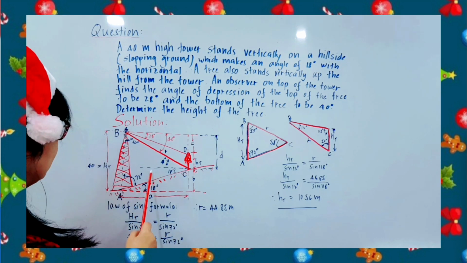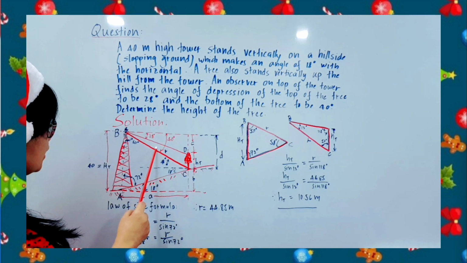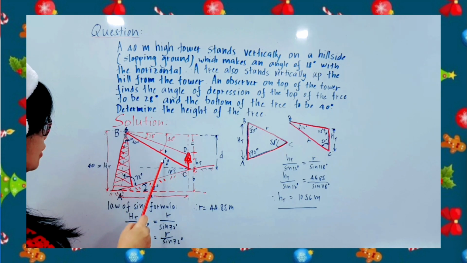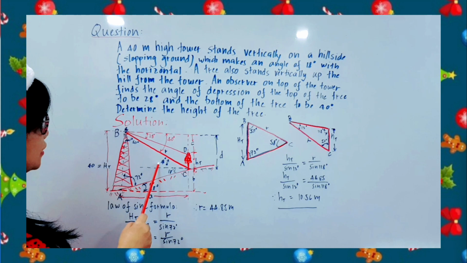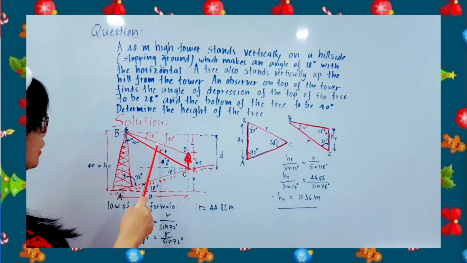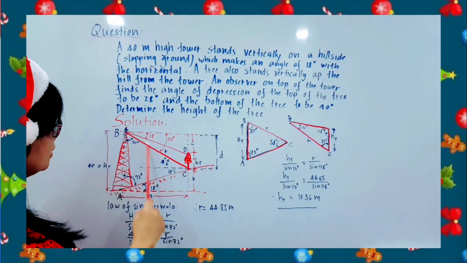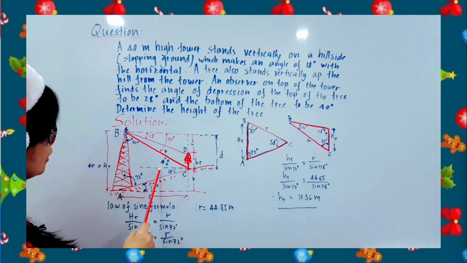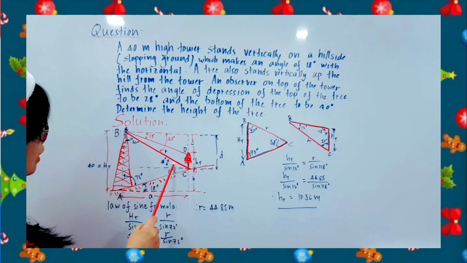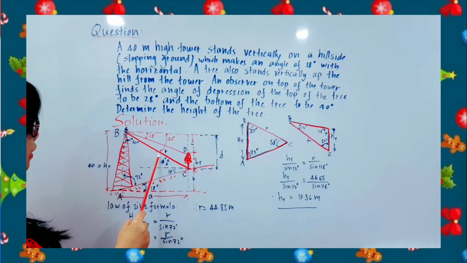Dito naman, dahil 40 degrees yan. Of course, ito rin 40 degrees. Why? Because alternate interior angles are equal. Alternate yan eh. Kasi ano yan, two parallel lines, tapos may transversal line. So, ang angle nila dito, at saka ang angle dito, at saka angle dito, is the same. So, 40 dito, 40 din yan.